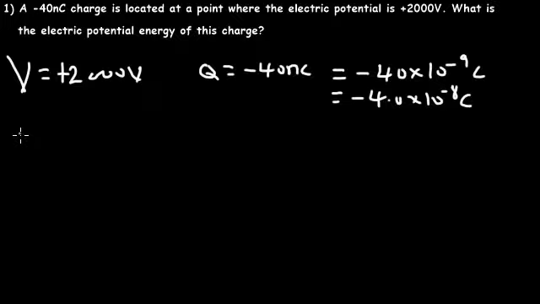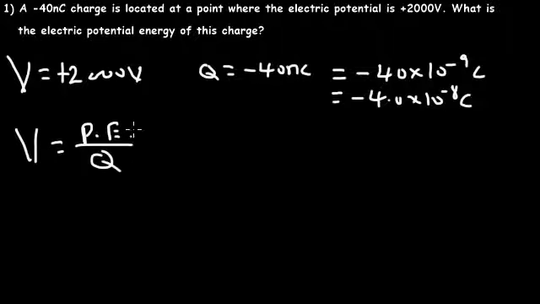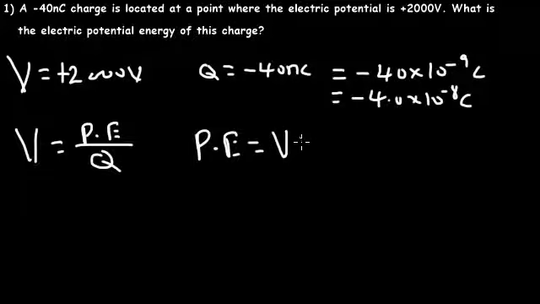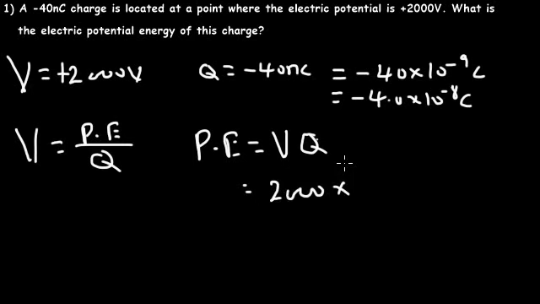Excellent. So now remember, the electric potential is equal to the electric potential energy per unit charge. So upon solving for PE, we have the electric potential energy equal to the product of the electric potential and the magnitude of the charge. And finally, upon substitution, we have 2000 multiplied by the charge, negative 4.0 times 10 to the power of negative 8.